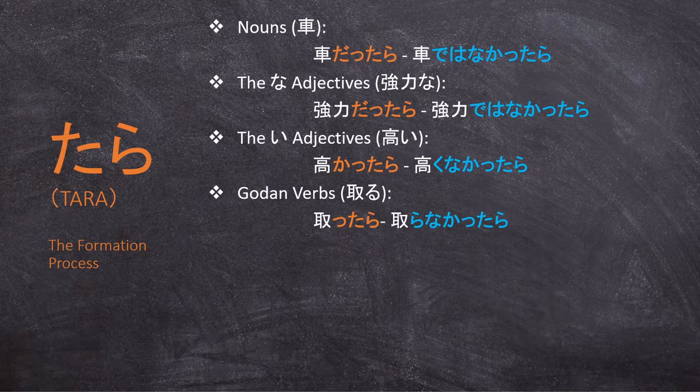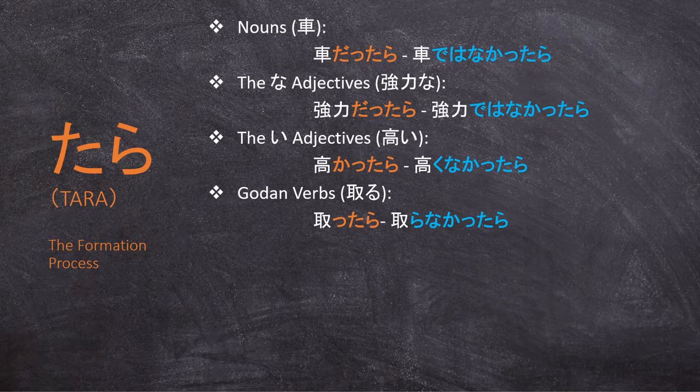Now, something similar happens with godan verbs, and I have chosen toru here, meaning to take, as my example. So in the case of the positive condition, we have tottara, and in the case of the negative condition, we have toranakattara. The formation pattern is practically the same as the i adjectives because you need to form first the negative form in the case of the negative condition, and only then you can add ra once you also change that negative form into its past form.